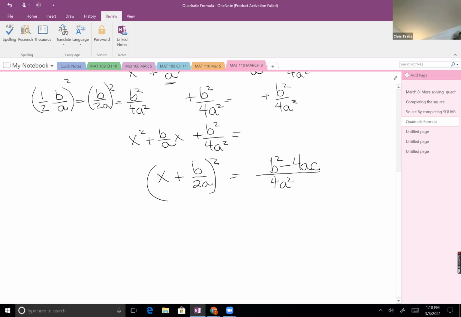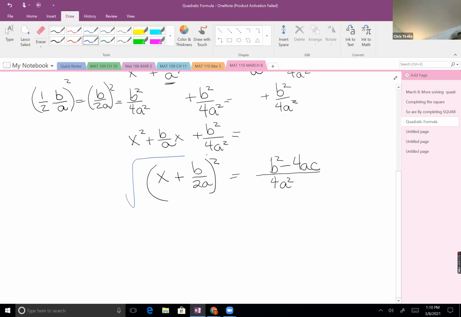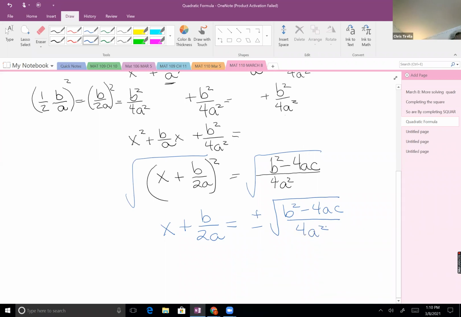Now when I take, using the square root property, the square root of both sides, I get x plus b over 2a equals either positive or negative root of b squared minus 4ac over 4a squared. But I'm going to change that a little bit. Remember, to take the root of a fraction, we can take the root of the numerator over the root of the denominator.